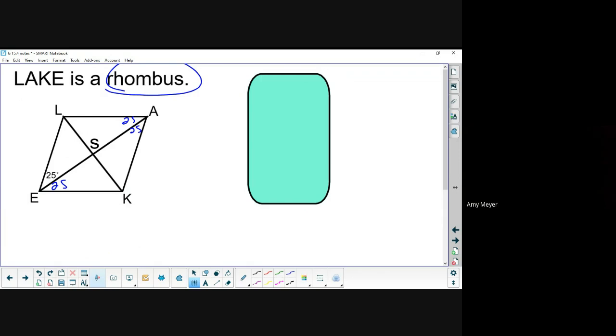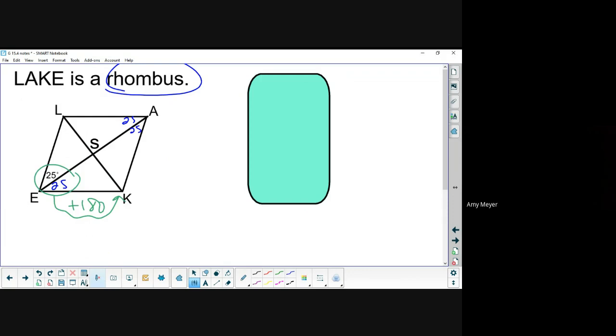Adding 25 and 25 and getting 50. Yep. And then subtracting it from 180. Perfect. Remember, we have a parallelogram, so this angle and the next angle to it add to 180. Consecutive angles are supplementary. You might think that's not listed under rhombus, but a rhombus is a parallelogram.